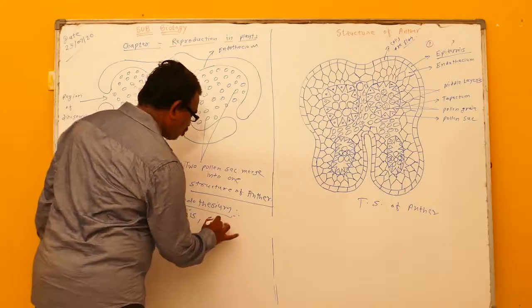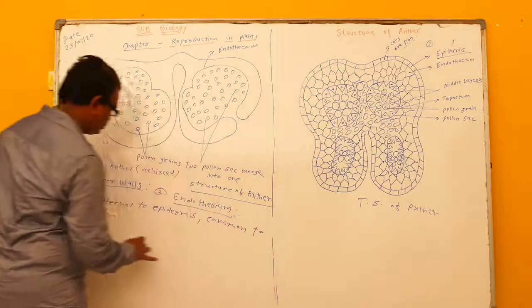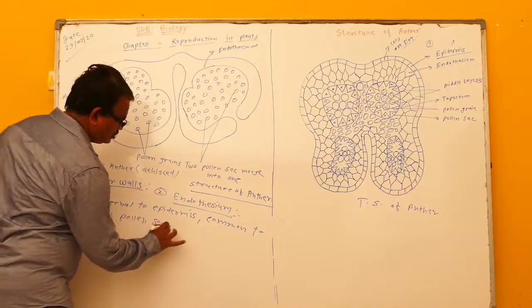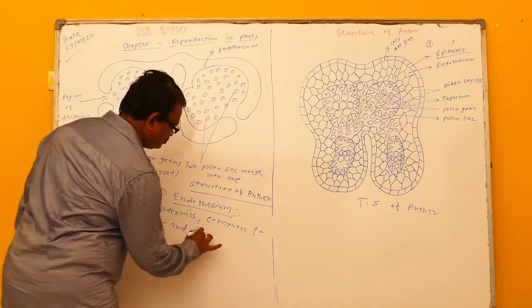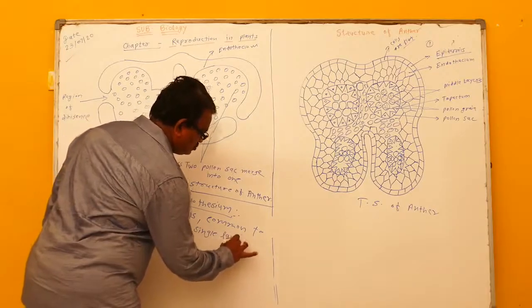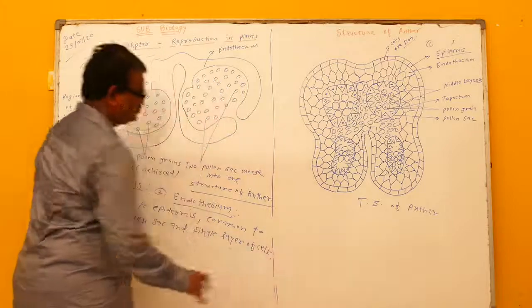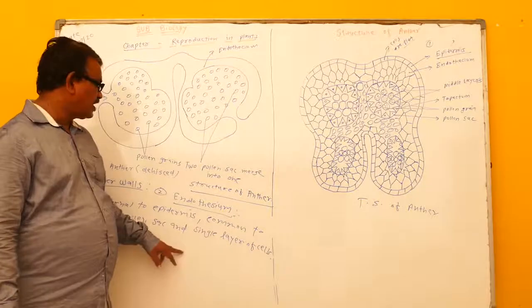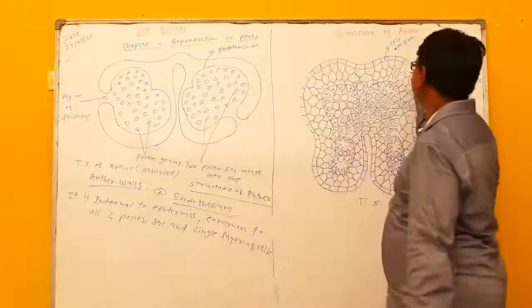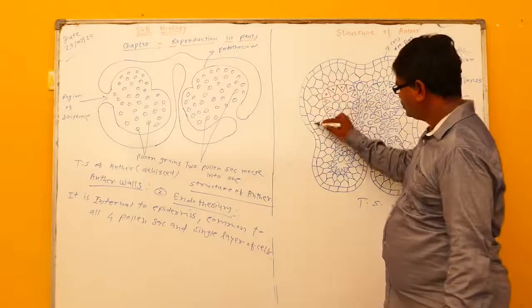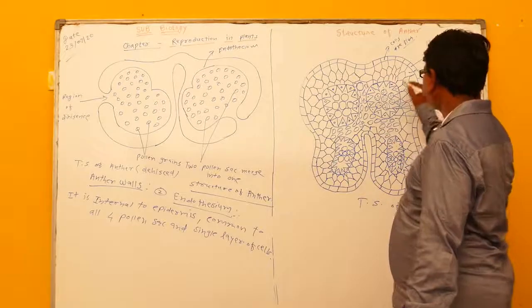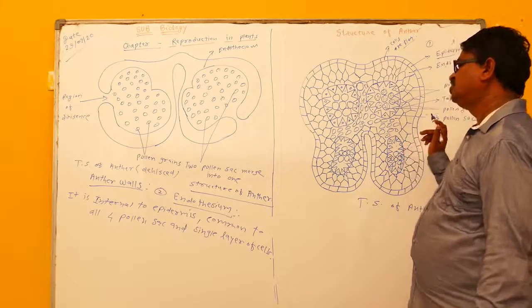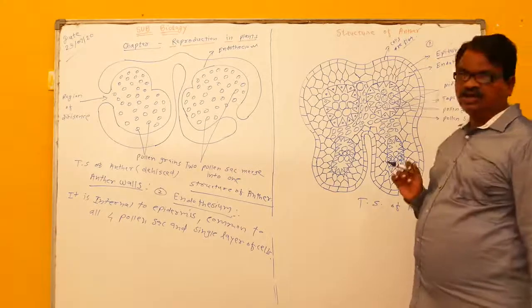It is also common to all 4 pollen sacs and is a single layer of cells.